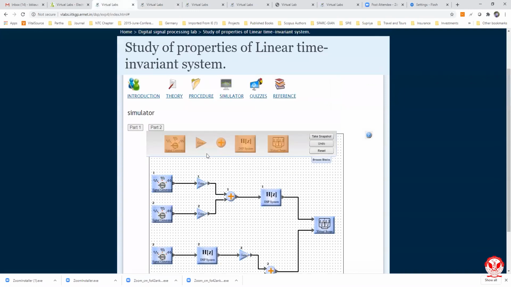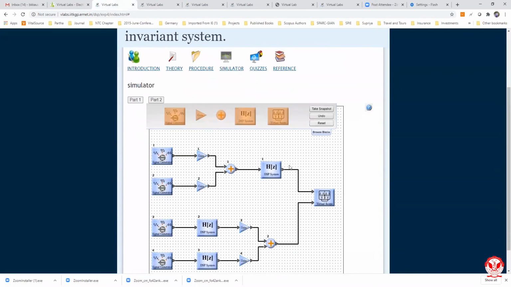In the previous one, which we have done to verify the linear property of the system, we have this one. One thing is common here: yn equal to twice xn. We select here twice xn, yn equal to twice xn.